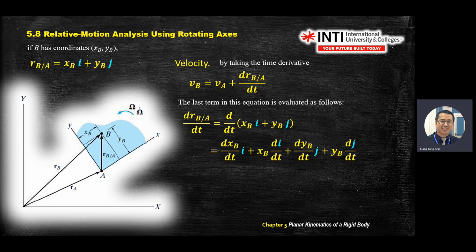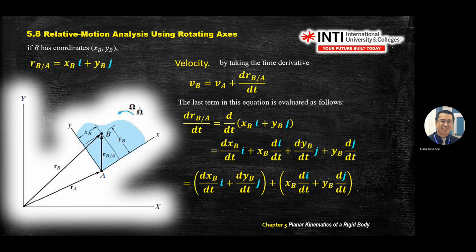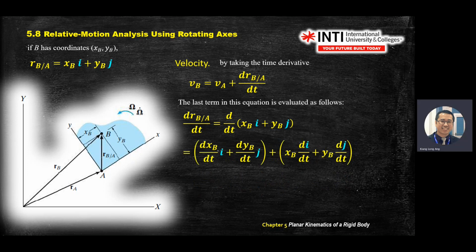So this one you differentiate, this one you differentiate, you get the first one plus the second set. Then we group them together. We pull this one and this one into the first bracket, and this one into the second bracket. So far, the mathematics looks logical to you, right? Okay, now we continue with the mathematics.